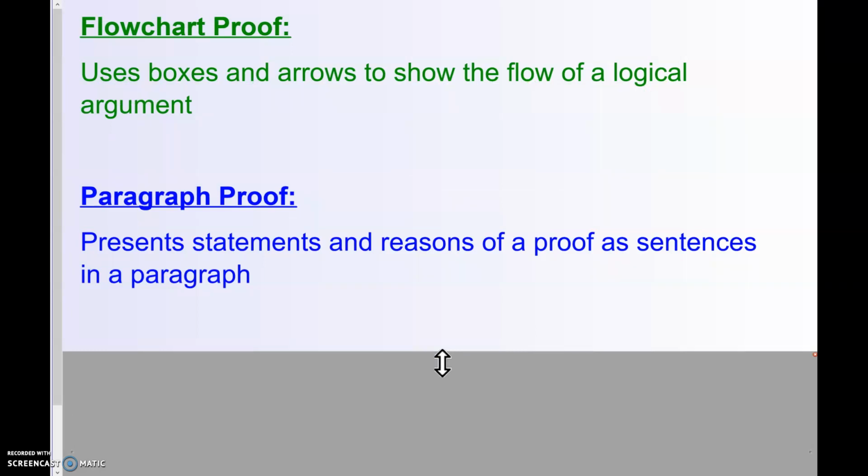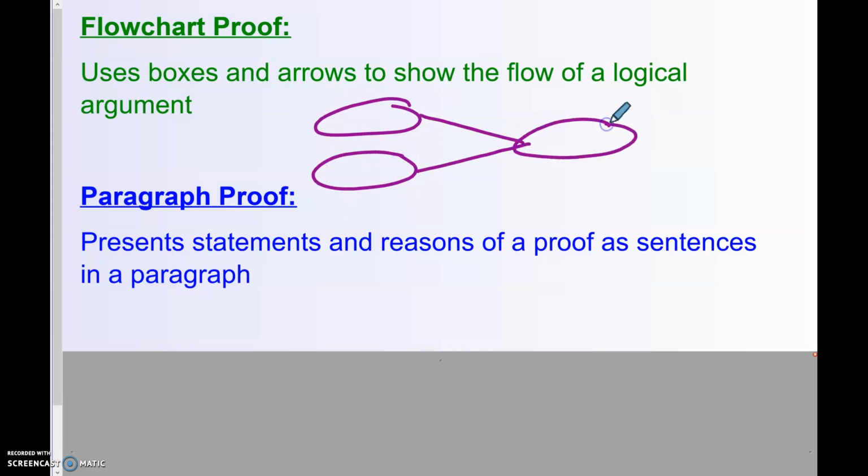That uses boxes and arrows, so you might take a box here and a box here, and these 2 ideas might come together and form a box, and then this flows into this box, and then we might go here. So this is what a flowchart is going to look like, and you put your statement inside the box.